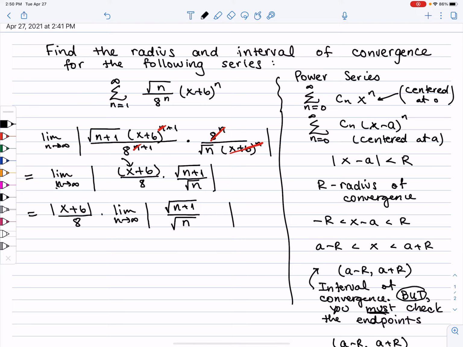And what I'm going to do is multiply both the numerator and the denominator by 1 over radical n. When we multiply both numerator and denominator by that, let me write this down.